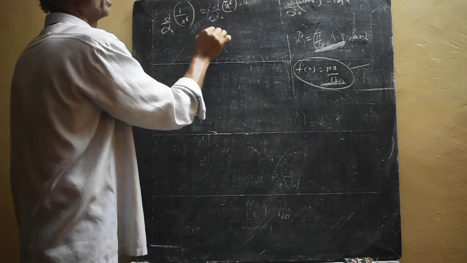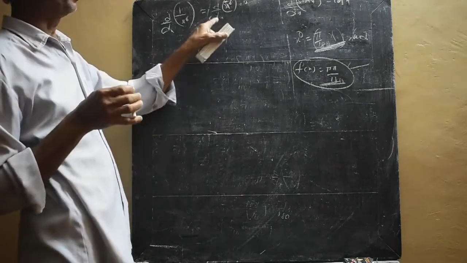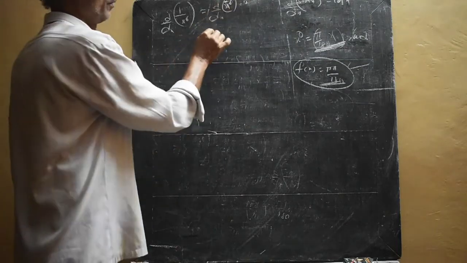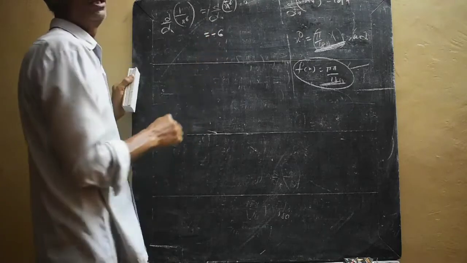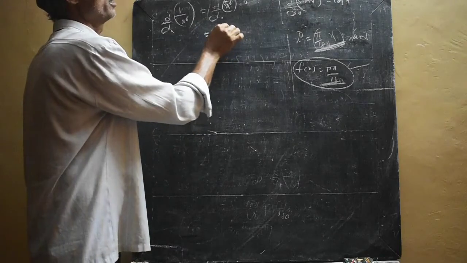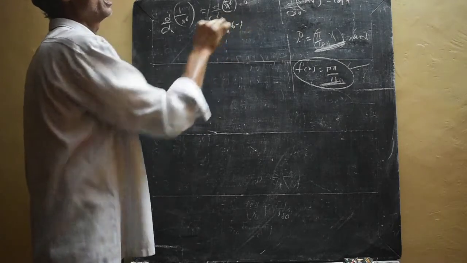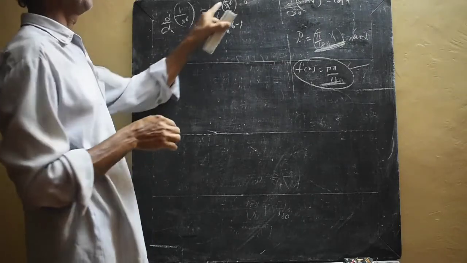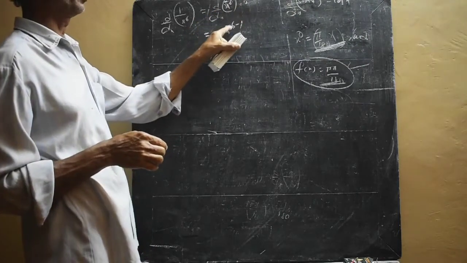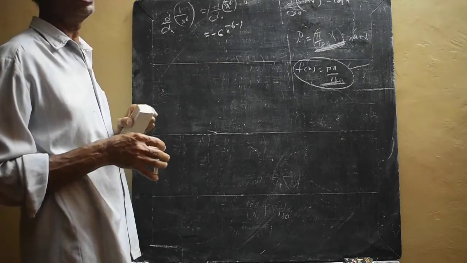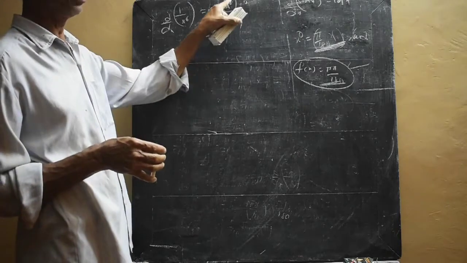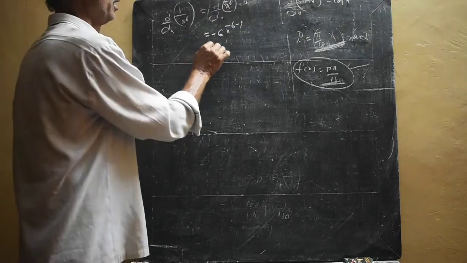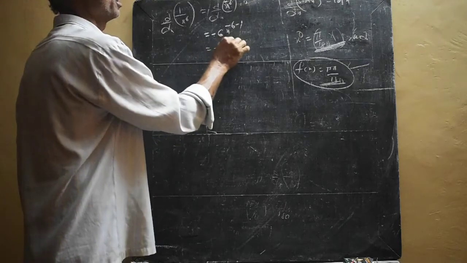Then it belongs to the category of x raised to n, where n is minus 6. d by dx of x raised to n is n into x raised to n minus 1, with n being any real number in this formula. So it is minus 6 into x raised to minus 7.